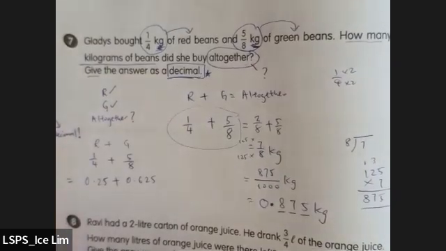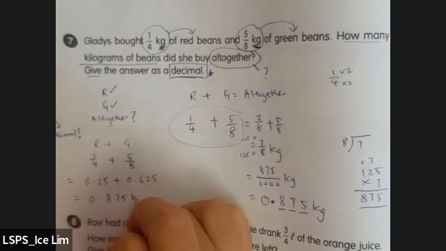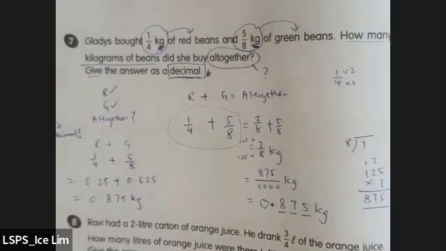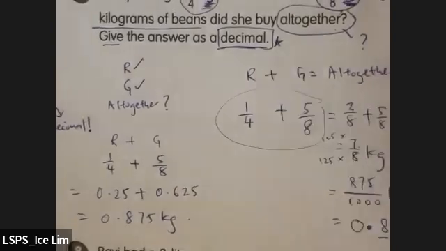And is that 625? Yes, and as a result, I can already get 0.875. See, it helps when I memorize times. Ta-da!